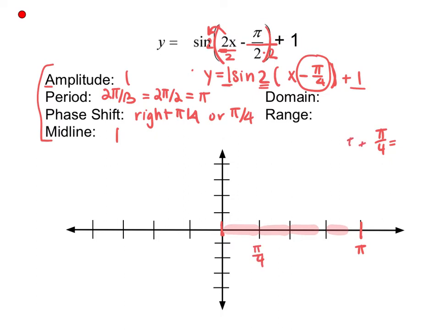When I add a pi over 4, I get 2 pi over 4, and 2 pi over 4 is the same as pi over 2. And then I get 3 pi over 4, and then 4 pi over 4, which is just pi. And then I'm going to put my negatives on the other side so I don't forget about that.